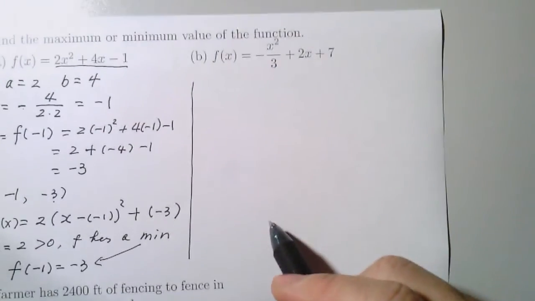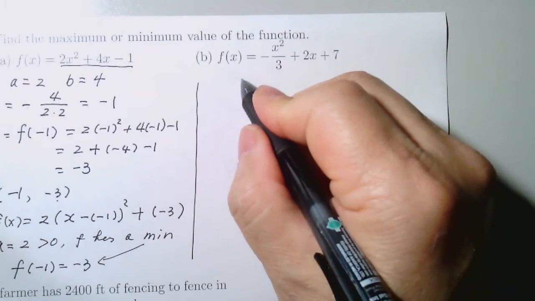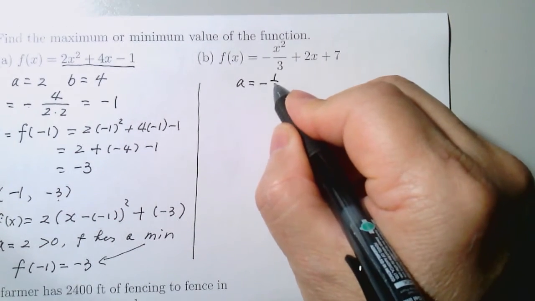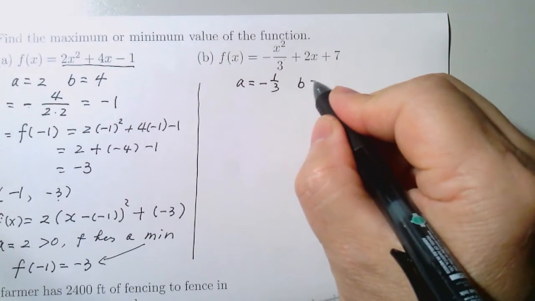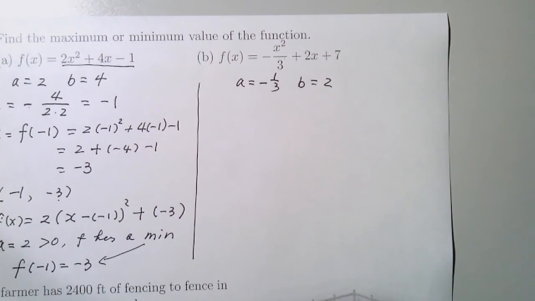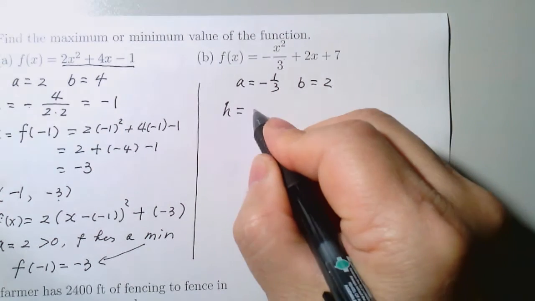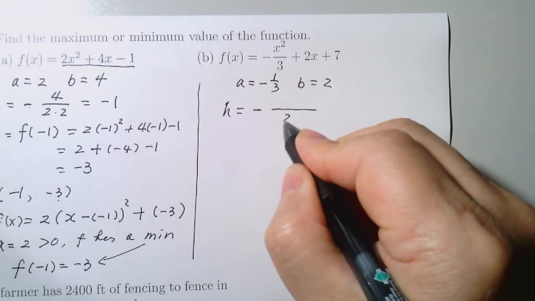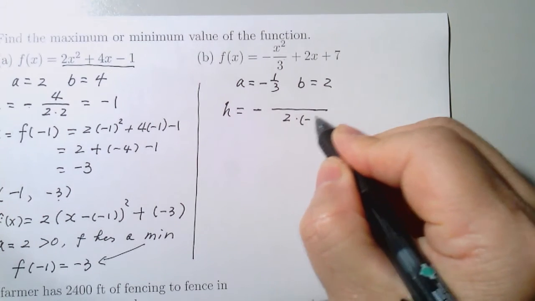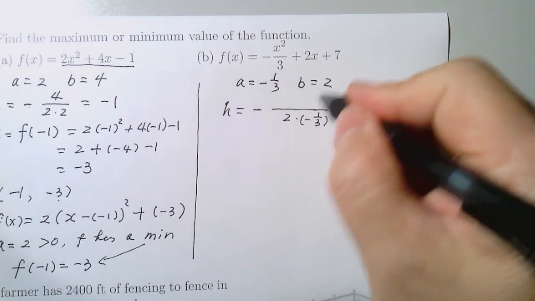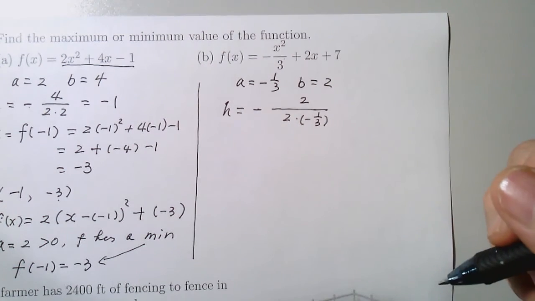Let's look at the second one. So here, again, I let a equal negative 1/3, and b equals 2. So here, h equals negative b divided by 2a, which is negative 2 divided by 2 times negative 1/3.